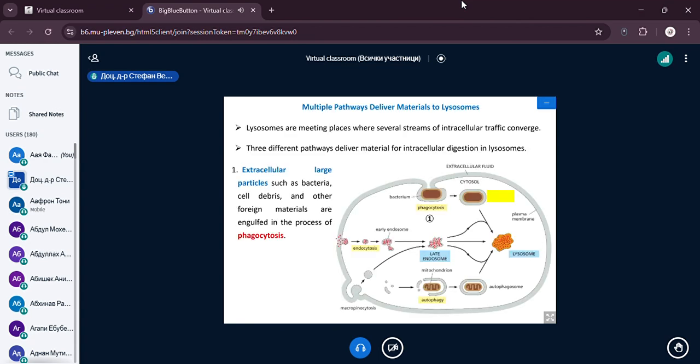So what is the function of lysosomes? As the name implies, lysosomes are the organelles in which processes of degradation of material happen. Lysosomes are a meeting place where several different streams of intracellular traffic converge and deliver these substances for degradation.